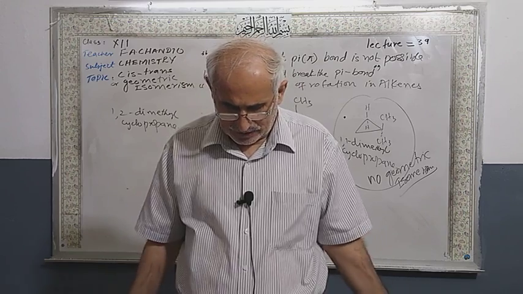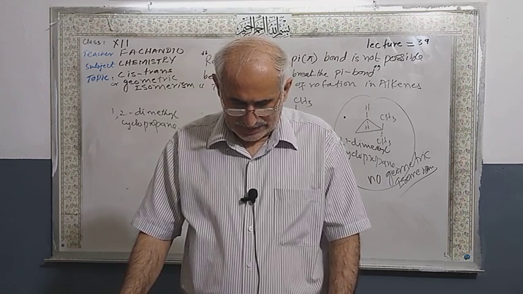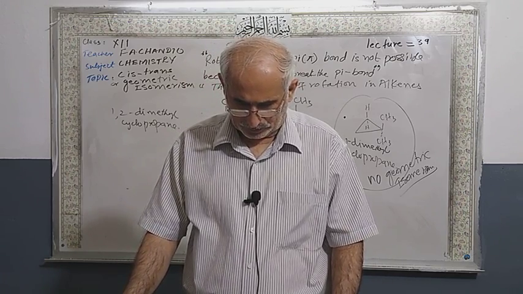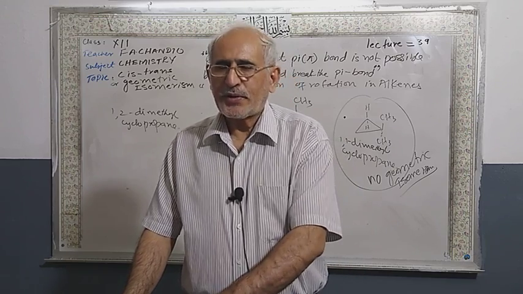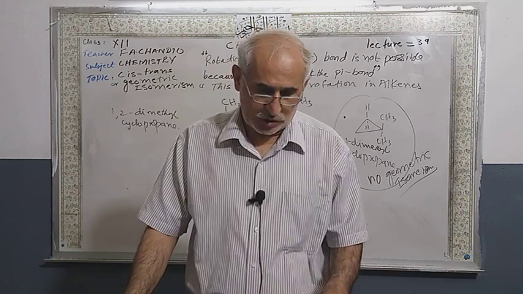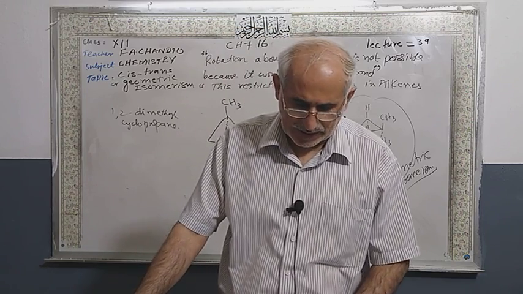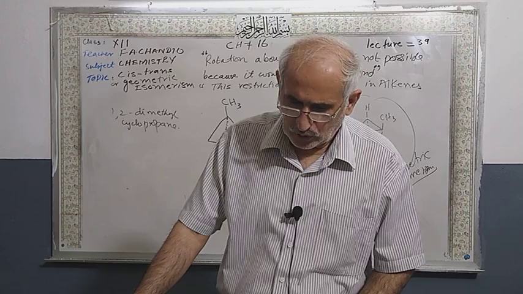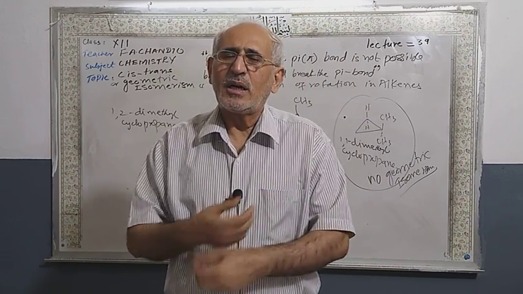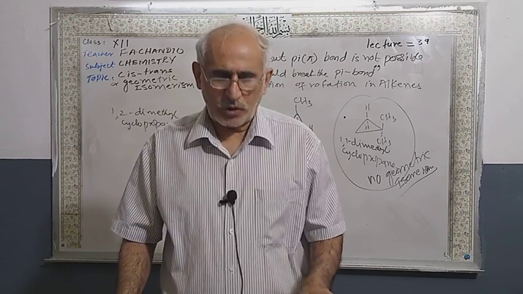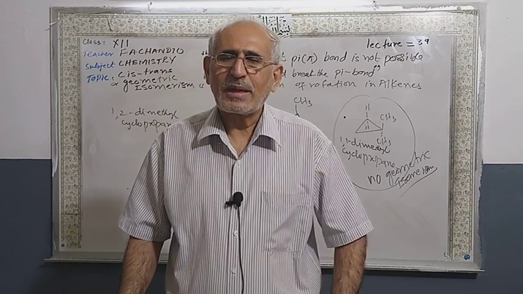So due to this reason, the cis isomer is less stable and the trans isomer is more stable. These examples I gave you, you have to see very well, dear students. So we completed the topic of isomers.